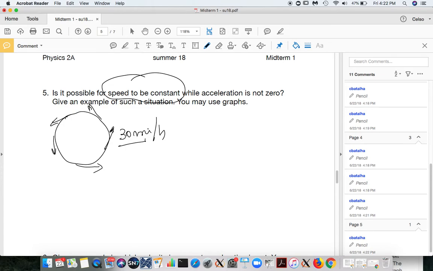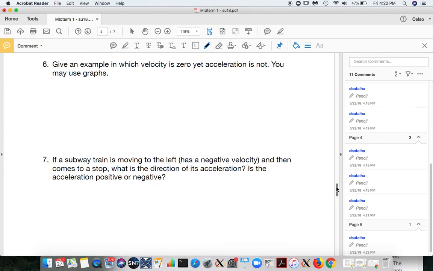Velocity is a vector, a quantity that depends on a number but also on direction. The number doesn't change, but the direction is changing. If direction is changing, we have an acceleration involved. So in this case is an example in which speed is constant and acceleration is not.